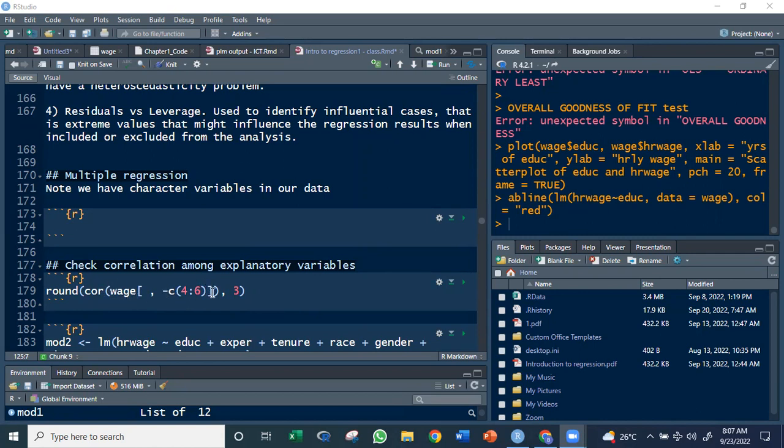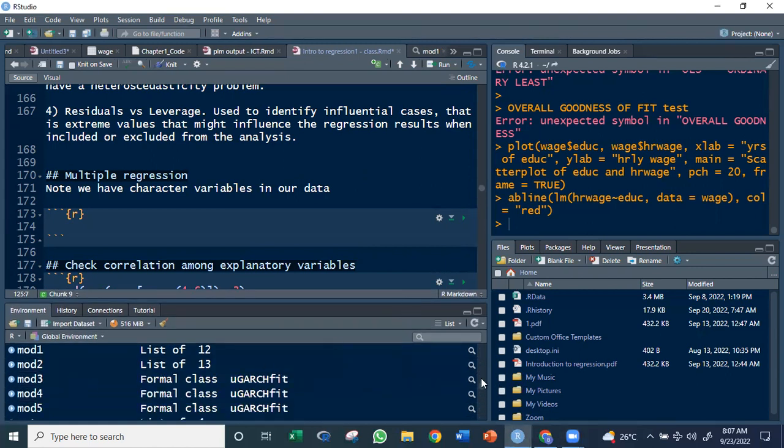Tinanggal natin yung mga character variables kasi hindi natin pwedeng kunin yung correlation ng character variables. So negative C, which means remove columns 4 to 6. Okay, let me flash the wage. Wage data natin.